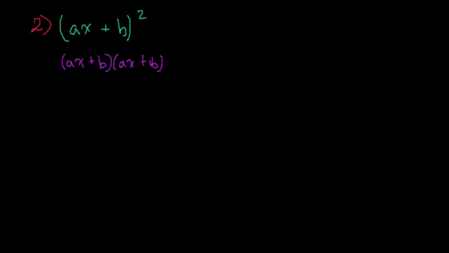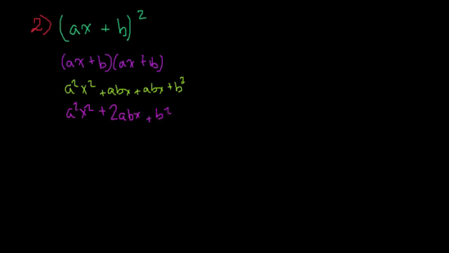So that's a squared, x squared, plus abx plus abx plus b squared. And that simplifies down to a squared, x squared, plus 2abx plus b squared.